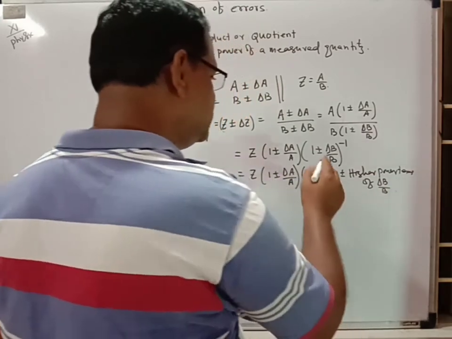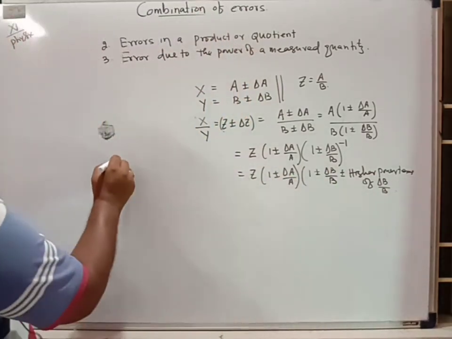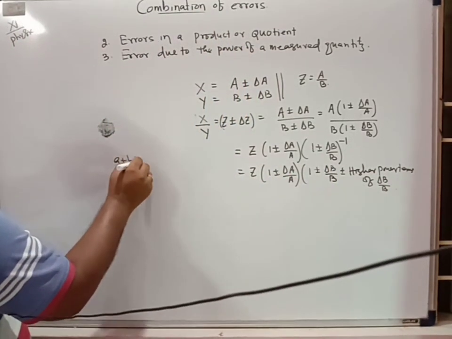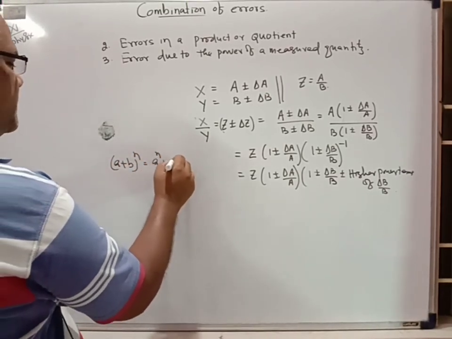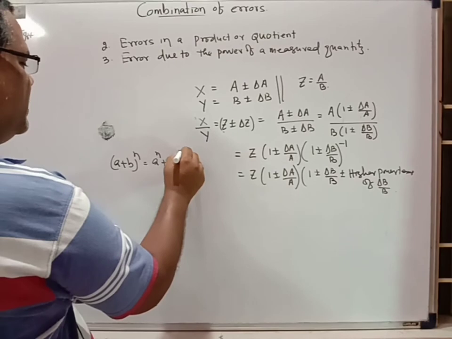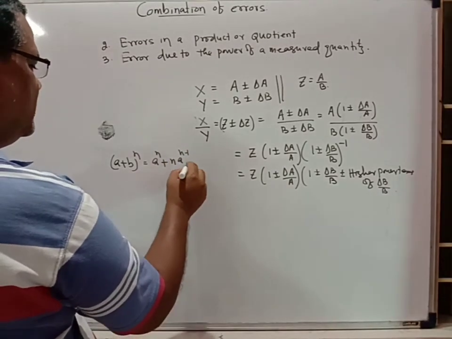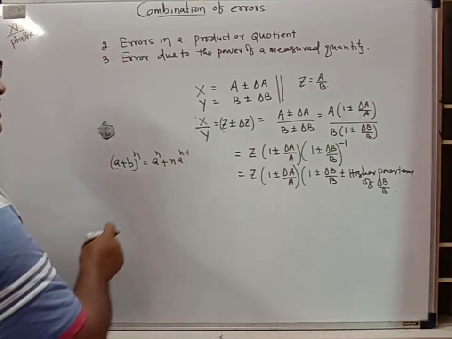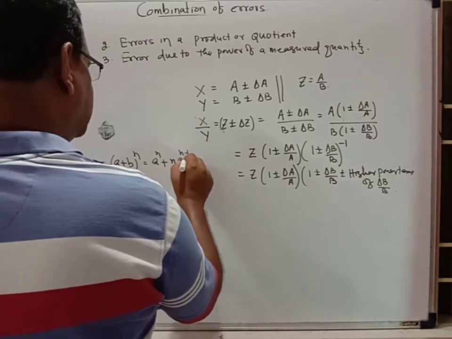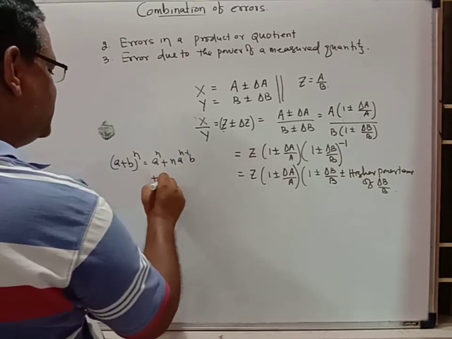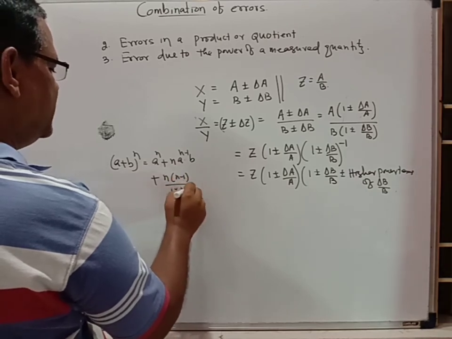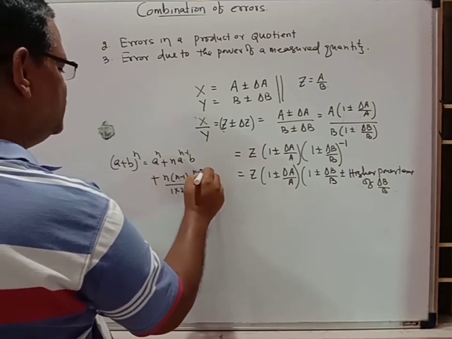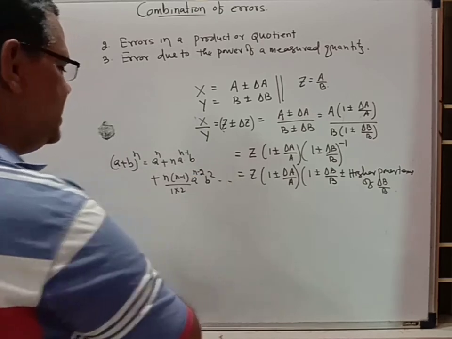The higher power terms, just clearly what I am telling: you know (a + b) to the power n is a to the power n plus n into a to the power n minus 1 into b, plus n(n minus 1) by 1 into 2 into a to the power n minus 2 into b squared. In that manner we get the expansion.